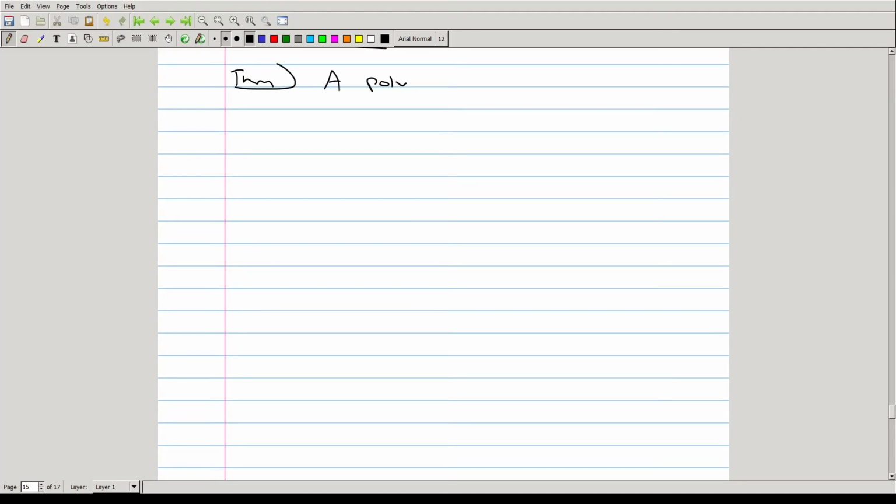a polynomial of degree n has the same order as x to the n.